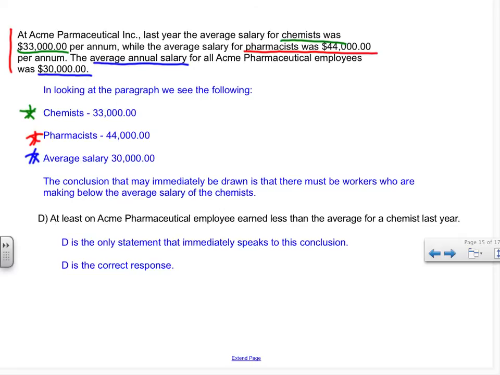And we can also make the conclusion that there must be workers who are making below the average salary of the chemists, because $30,000 is the lowest of all three of the averages. So D is a credited response, but we will come back to that. Let's take a look at the question.